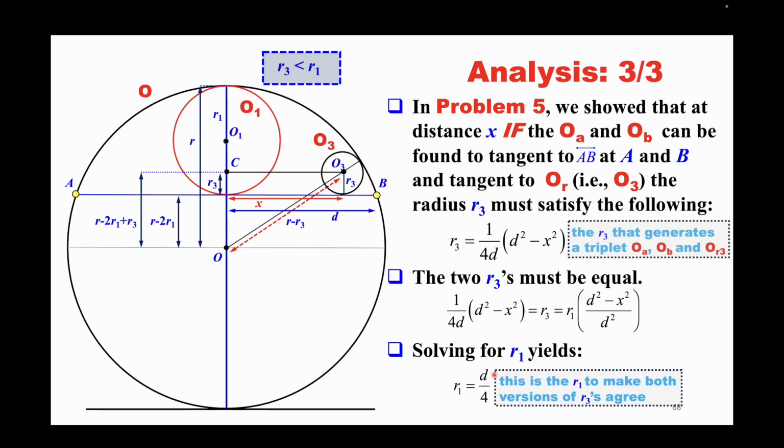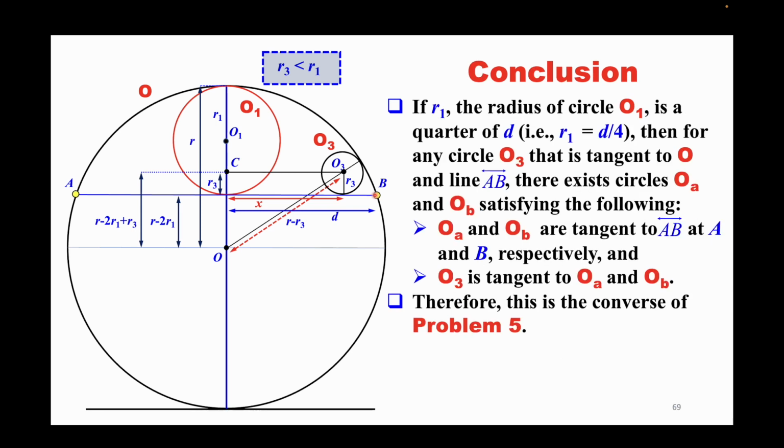Solving for R1, we get this. In other words, this circle and this chord cannot be arbitrary. In order to find OA and OB to satisfy our condition, R1 has to be a quarter of the half length of AB. This is the condition for us to find the converse of problem 5.